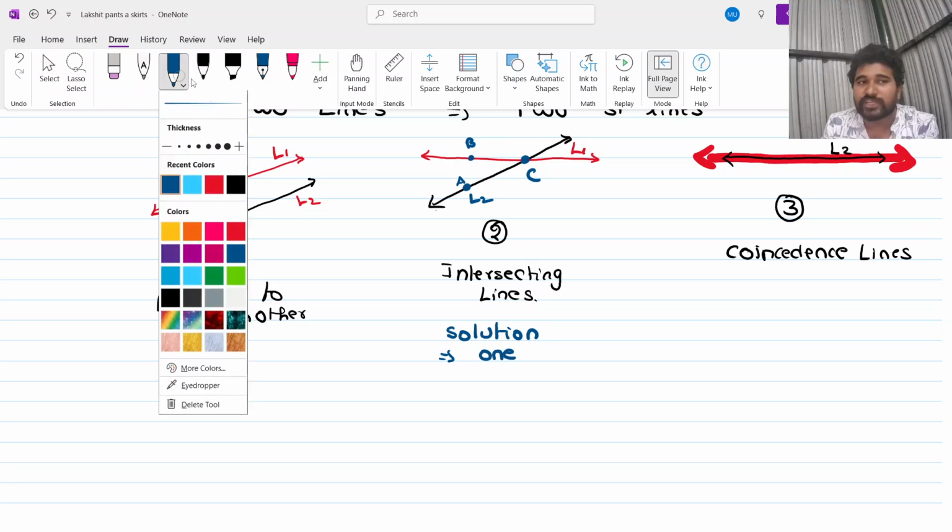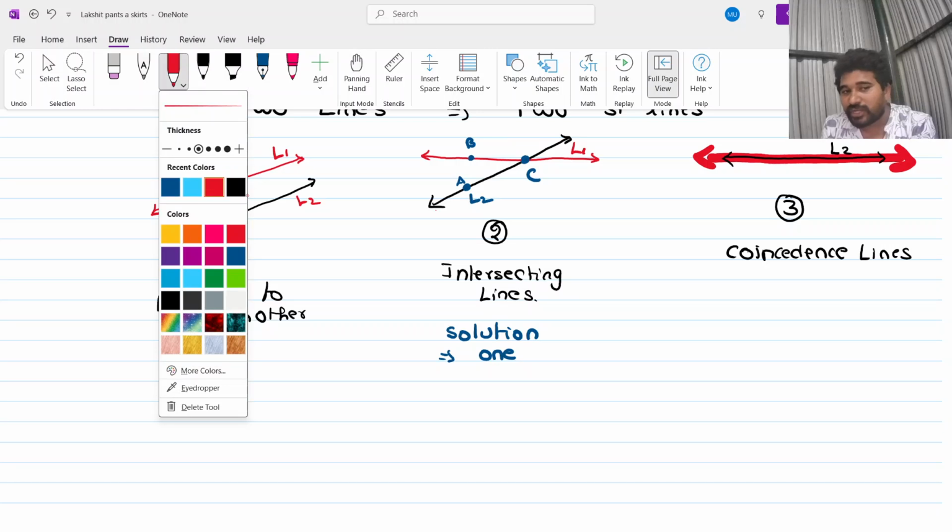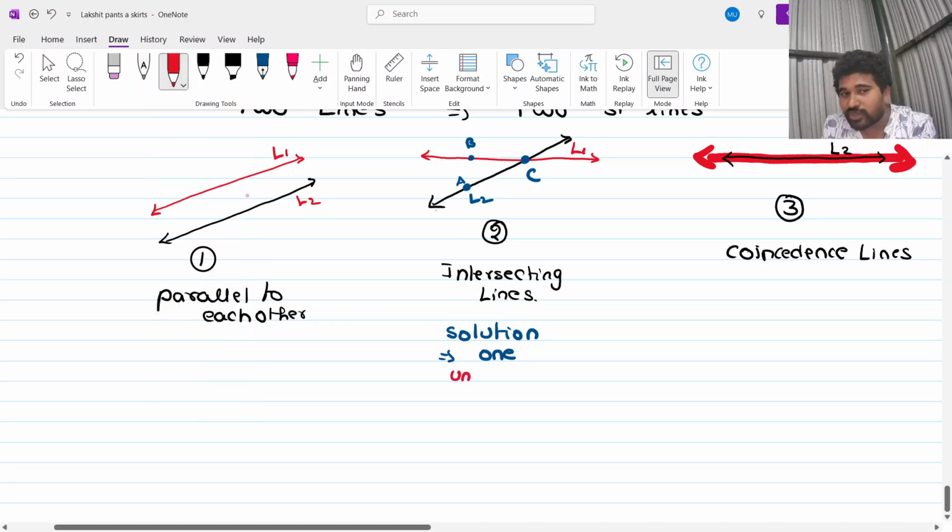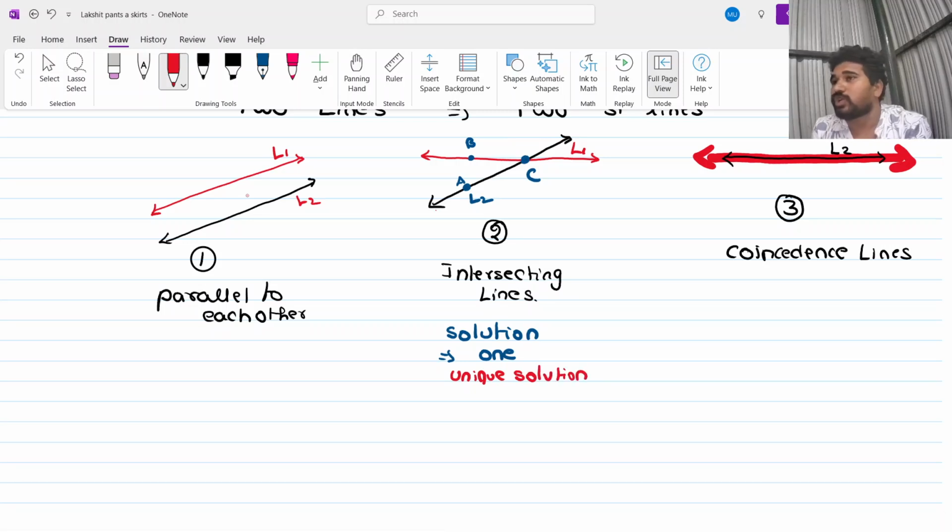So number of solutions is one. That's why it is called unique solution. Only one, that's why we call it unique solution.